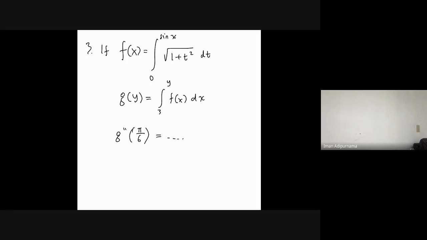So think, if you try to differentiate g, the second derivative, so maybe the first time you differentiate, it becomes only f(y), right? If you take the first derivative. Second derivative, f'(y), right? f'(y) is this.